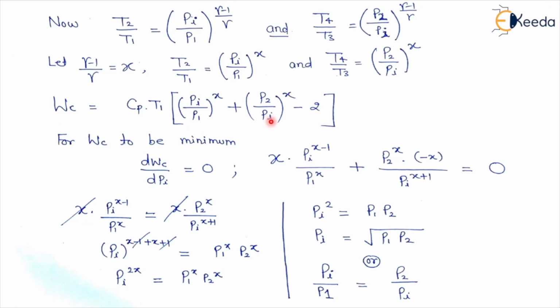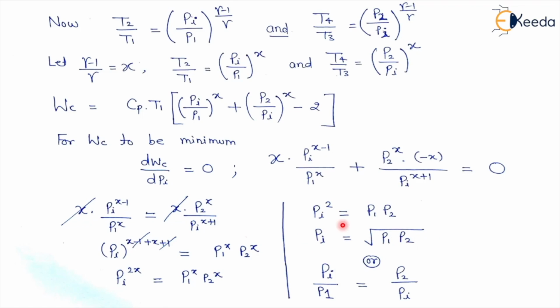P1 is fixed and P2 is fixed, so Pi we will vary. If I differentiate this equation and solve it, I'll get Pi equal to the square root of P1 into P2. The intermediate pressure will be equal to the square root of the product of P1 into P2.